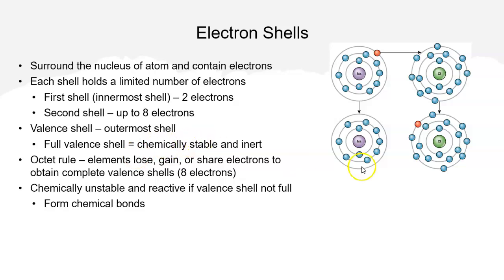So sodium only has 1 valence electron. It's going to need 7 more. Well, that's probably not going to happen. So it would be easier for sodium just to give up 1 electron than to try to steal or borrow or share 7 more to fill that shell.